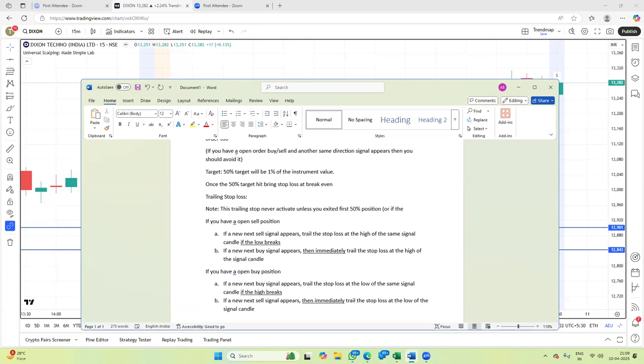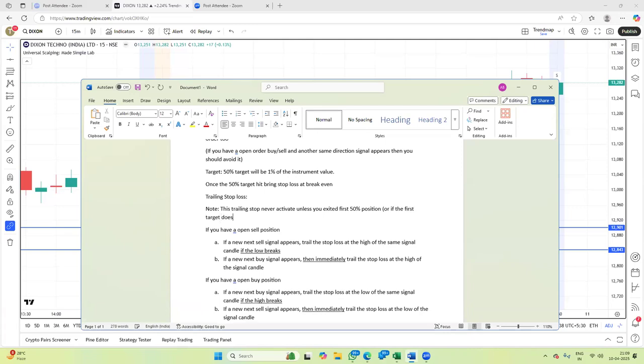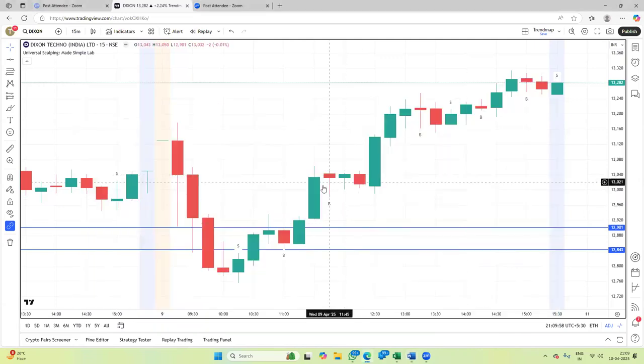If the first target doesn't hit, then you should not trail the stop loss. Okay? Yes, sir.